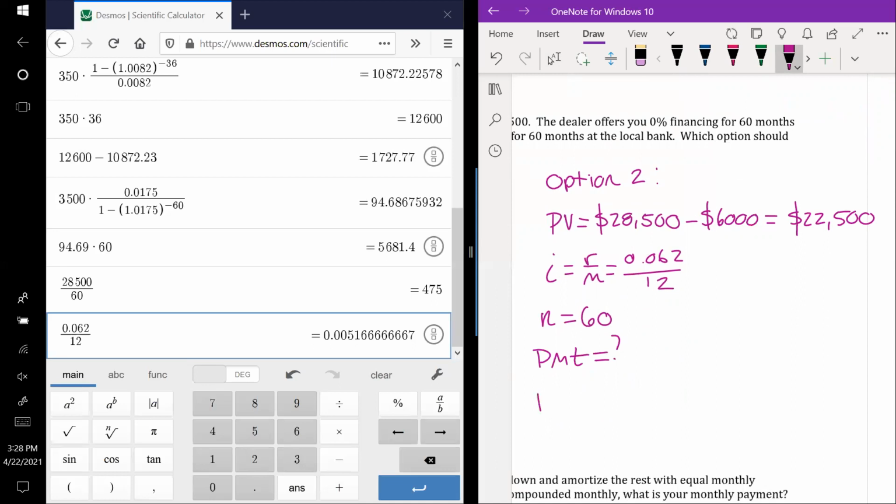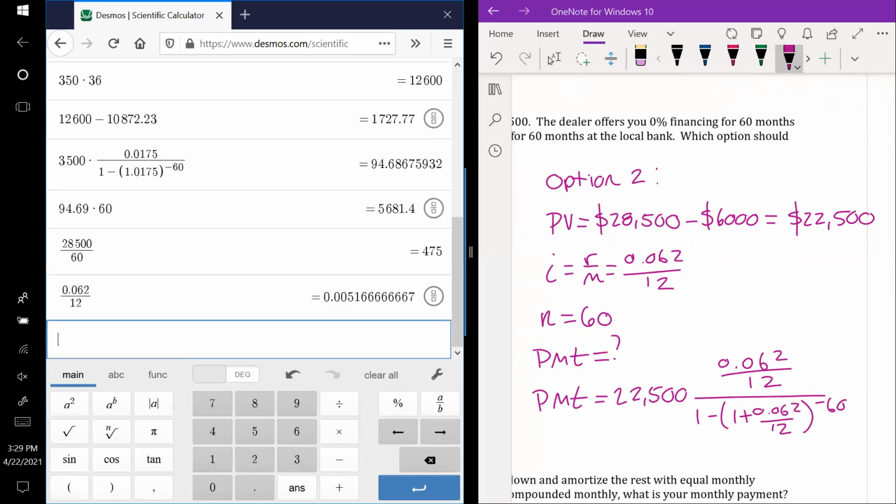So payment is going to be 22,500 times our interest rate of 0.062 over 12 over 1 minus 1 plus 0.062 over 12 raised to the negative 60. Okay.